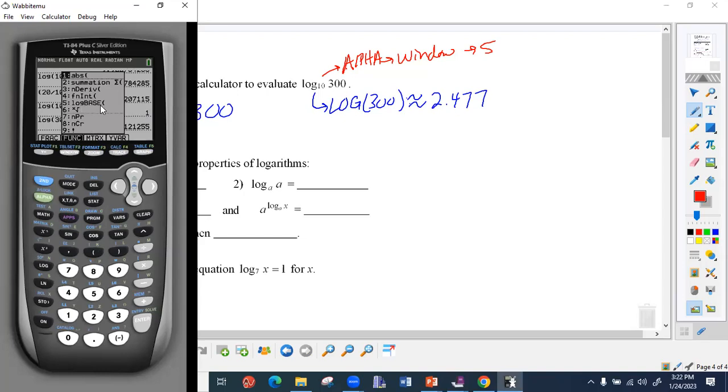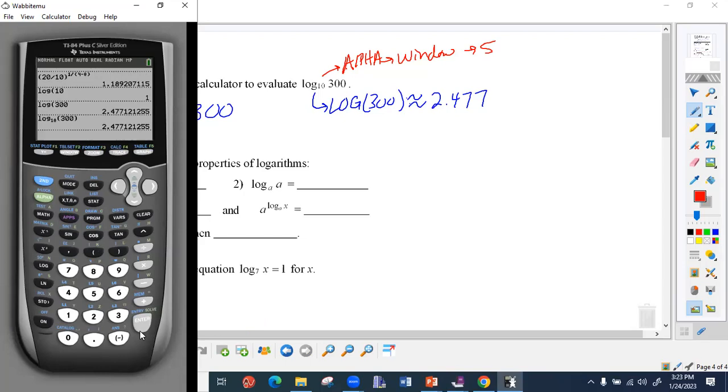That means I have a base other than the common log. So I'm going to press 5. In this case it's still the common log, but you can see I can type in 10, and I can type in 300.